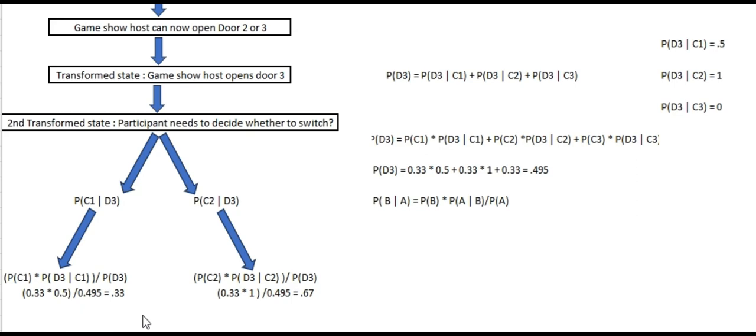Here the internal states are conditional probabilities, or the probability of finding a car behind the door that you're choosing updates and changes over time as the game show host intervenes and changes the system, and hence it is always wise to switch. So that's it, and I hope this explains the Monty Hall problem and why you should switch always as an option.